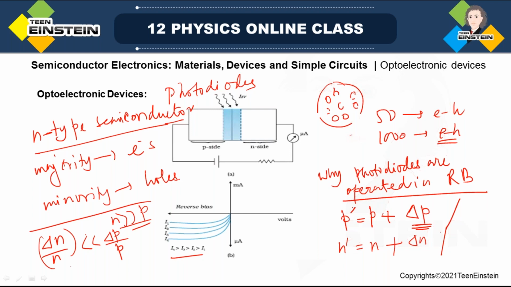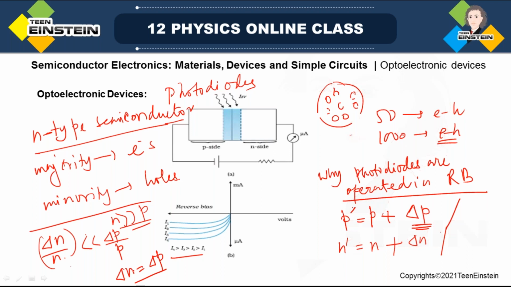Since it is an n-type semiconductor, n is much greater than p. Delta n will be equal to delta p, because electrons and holes are generated in pairs.